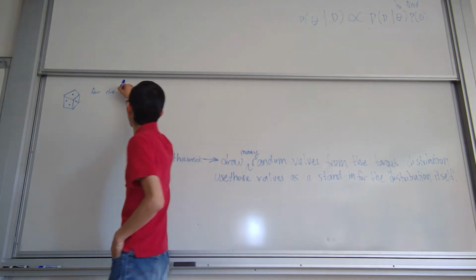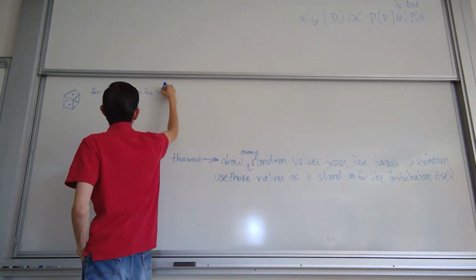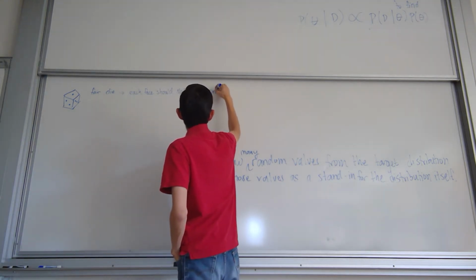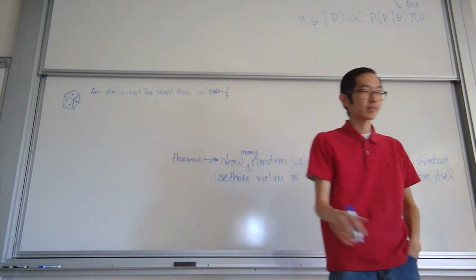Fair die, each face should show with probability equal to 1/6.